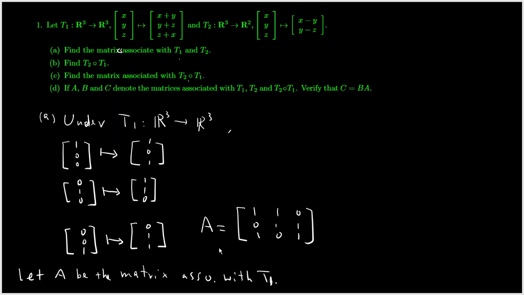If you know what's going on here, then I'm going to figure out T2 a little bit quicker. So maybe under T2. In order to get the matrix associated with T2, we need to get the outputs for the standard basis vectors in that R2.